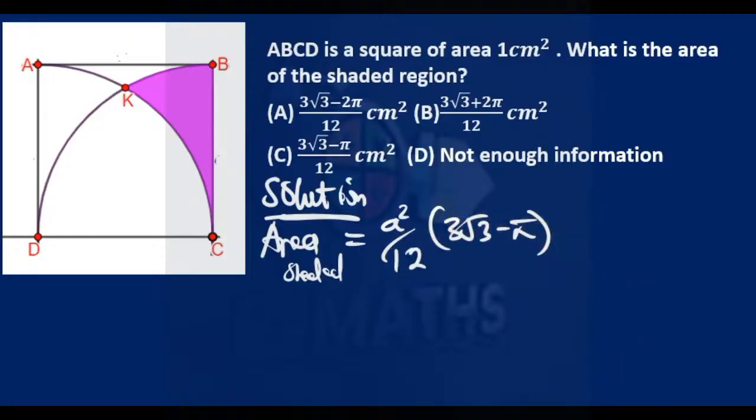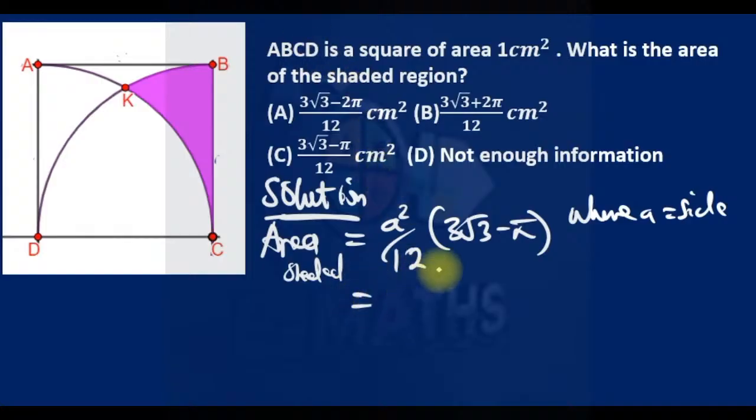So that's the formula, where a is the side. So whenever you have a square with side a, the area of this part shaded is always a squared over 12 times 3 root 3 minus pi.